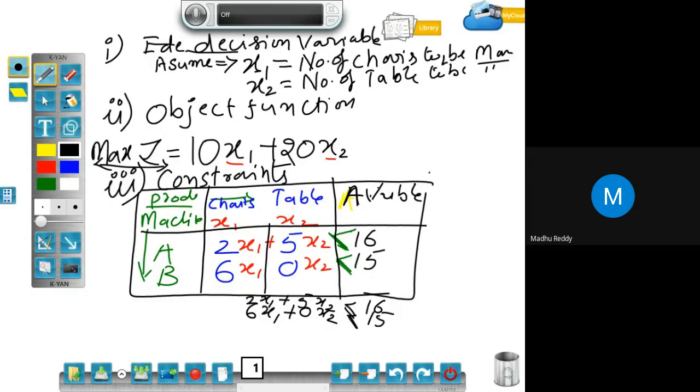Your company is having two machines. This machine is available, hours for this machine is only 16 hours. The machine cannot work more than 16 hours here. That is the constraint, the limitation he has given. So this is not related to loss and profit. This will be the available time.